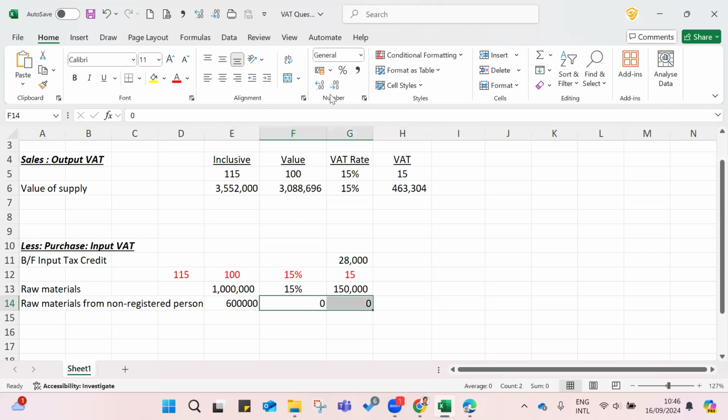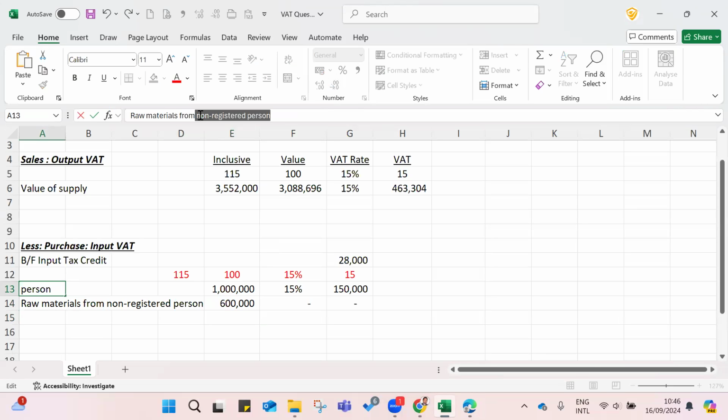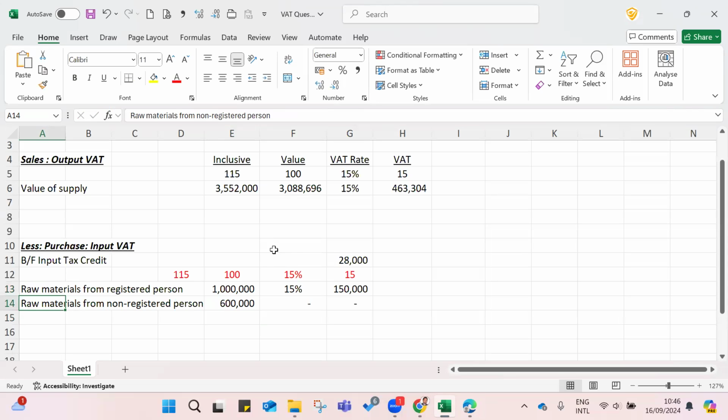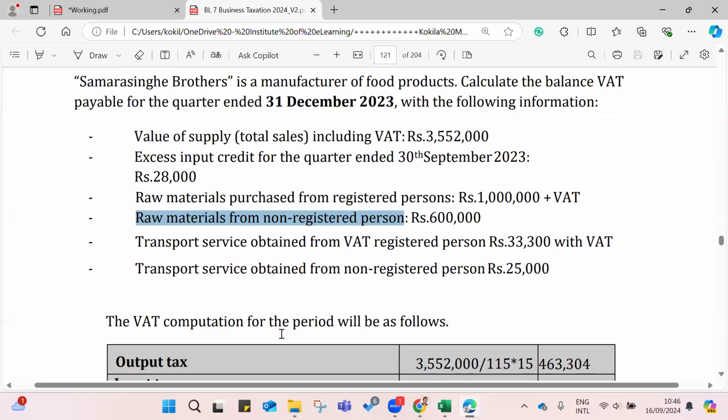No VAT application, right? Just the amount. But this is not even required to declare. For the exam, students, I just mention it in order to get marks, because when the examiner is marking the paper, they will look at whether you are aware of this, and they will allocate marks for writing this, to show your knowledge. This is not applicable for VAT, right?